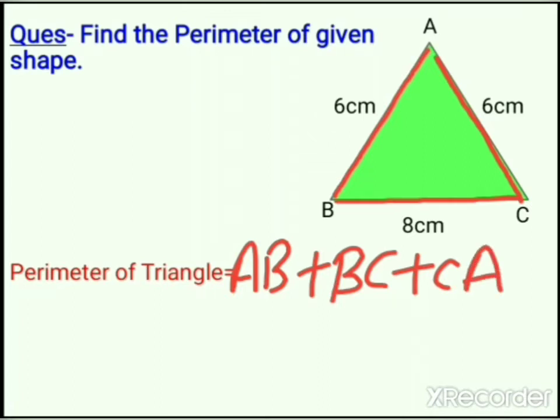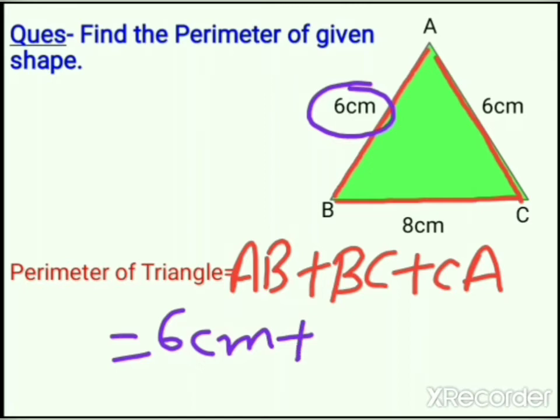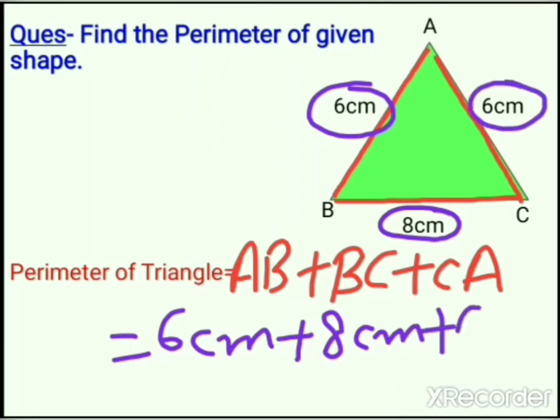Now, what is the length of AB? It is 6 centimeter. What is the length of BC? It is 8 centimeter. And what is the length of CA? It is 6 centimeter.